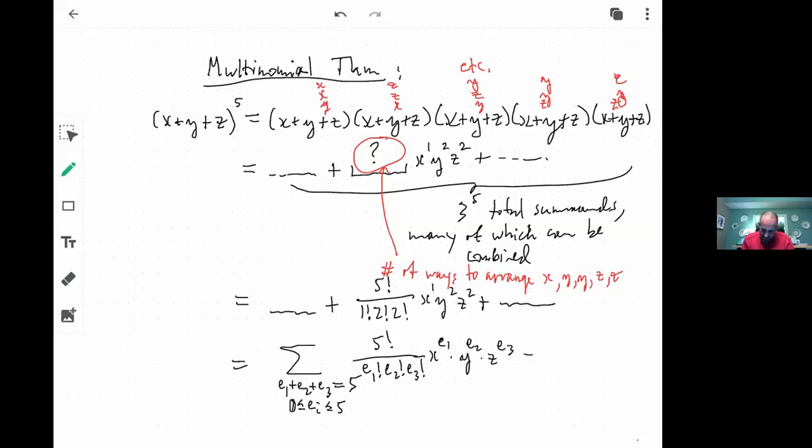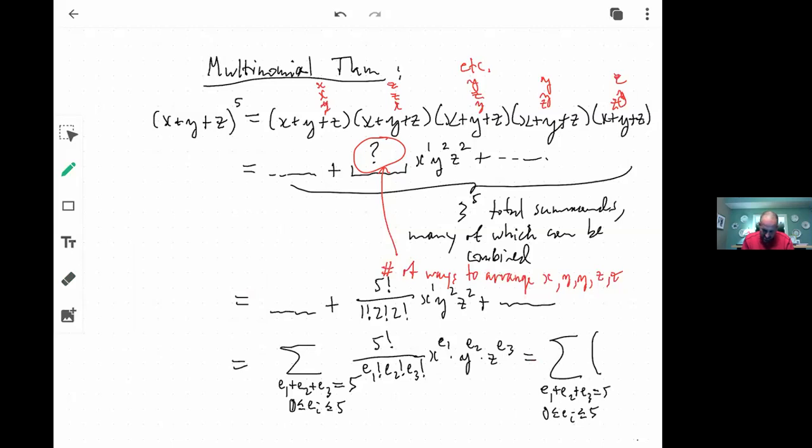And of course, there's a notation that we came up with for this. So it's e1 plus e2 plus e3 equals 5, 0 equal to or less than ei equal to or less than 5.